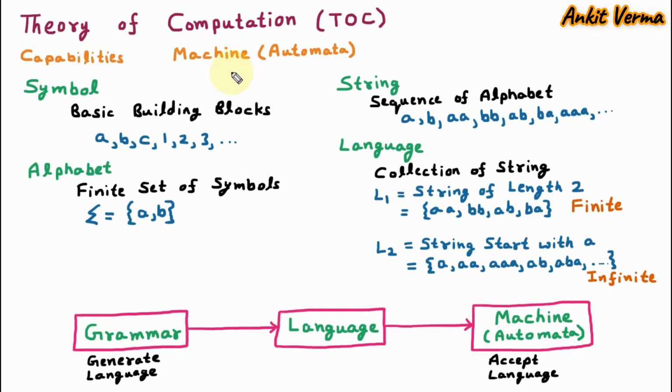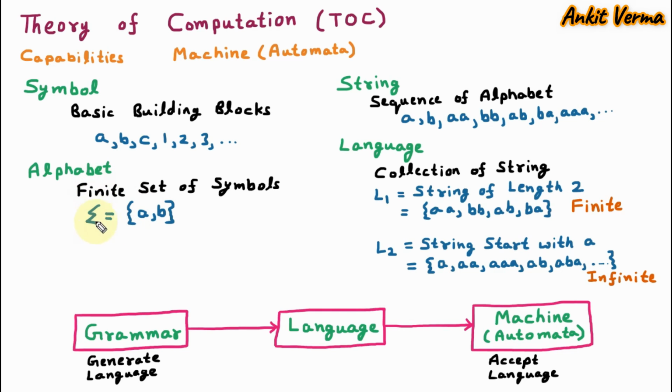So in theory of computation, we are having symbol, which are the basic building blocks, just like A, B, C, D, and so on. From symbol, we generate alphabet. Alphabet are the finite set of symbols, means we take some specific and limited symbols and create the alphabet, just like we have taken A and B, and they are represented by sigma.